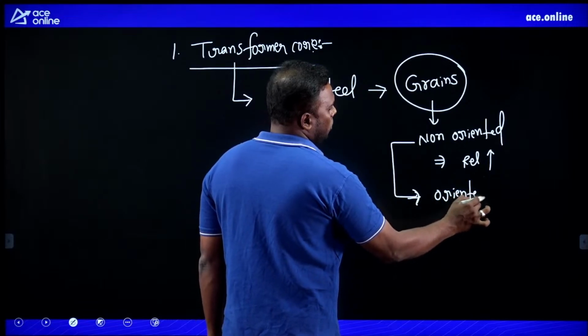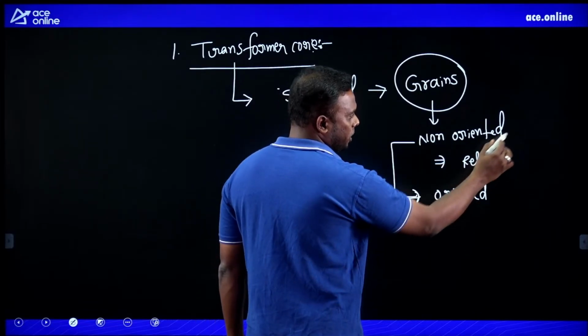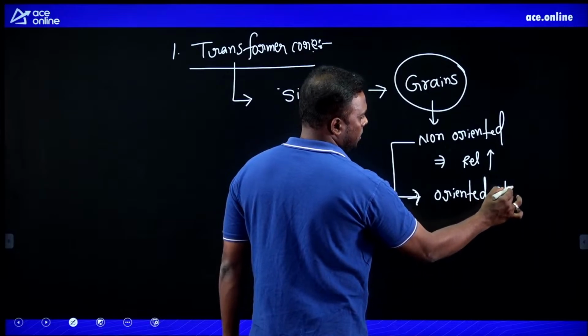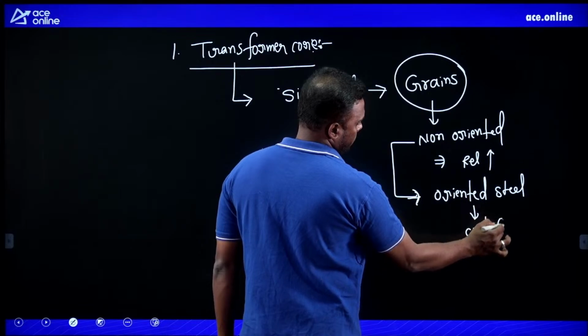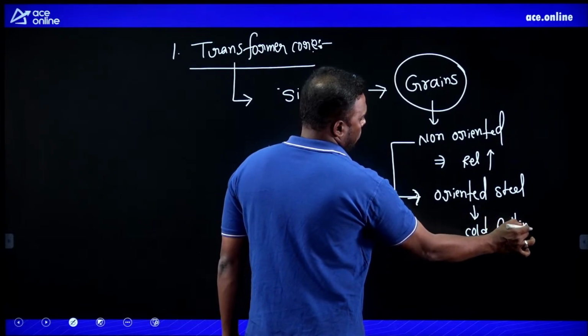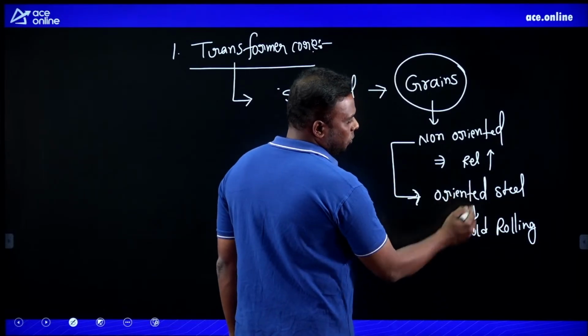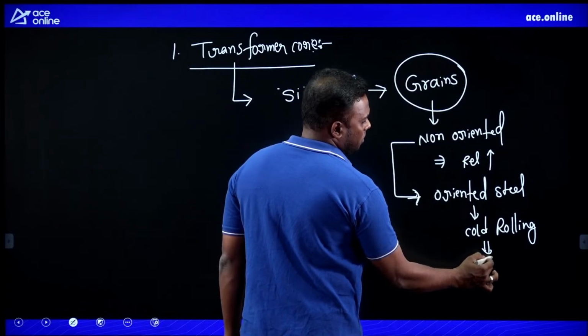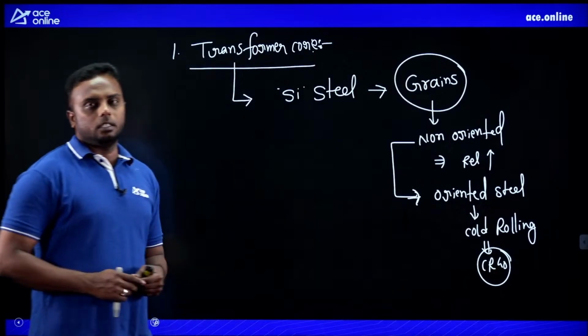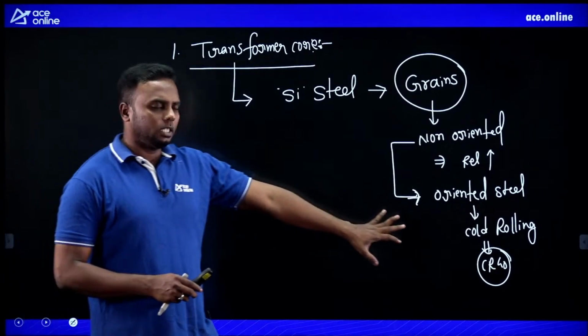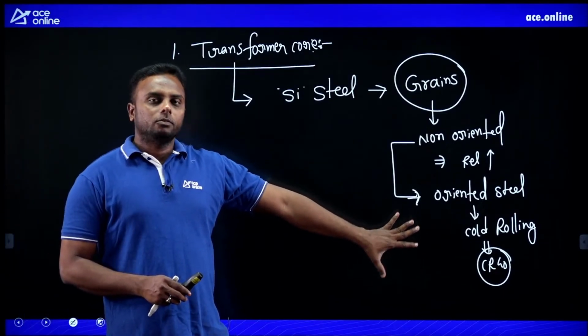For that we use one process. What is that process? Cold rolling process. By using the cold rolling process, the steel becomes oriented, and the resulting steel we call CRGO steel. CRGO is also a silicon steel. But what is the difference?